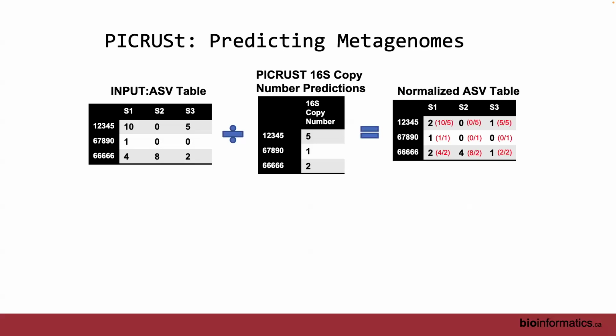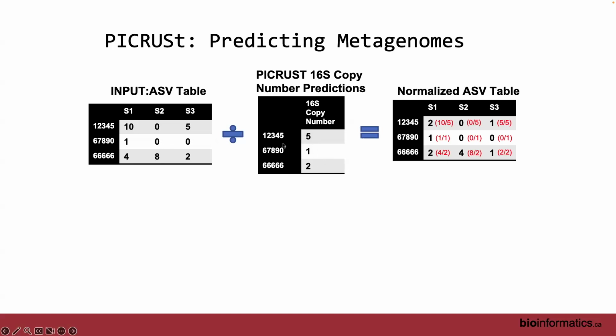And then after that, you're basically just doing a lot of matrix manipulation. So here would be your ASV table with our counts. We talked about 16S copy number, and I think it was mentioned that PICRUSt can correct for 16S copy number. So the default is to do that process. So using predictions from PICRUSt, we get the 16S copy number for every ASV.